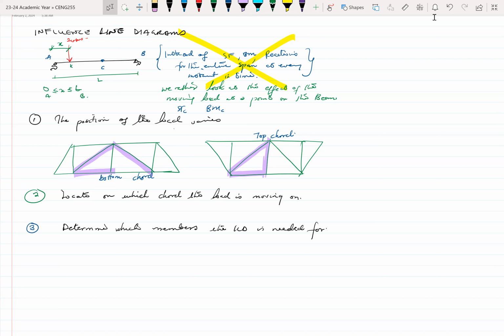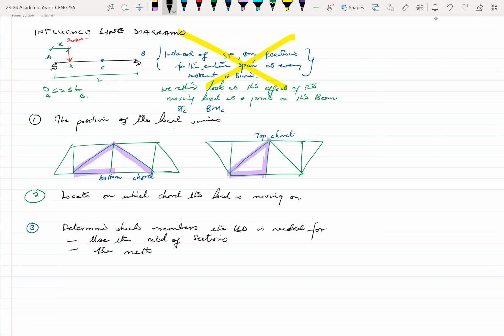So determine which members the ILD is needed for. Once we find that, you can use either the method of sections or the method of joints.